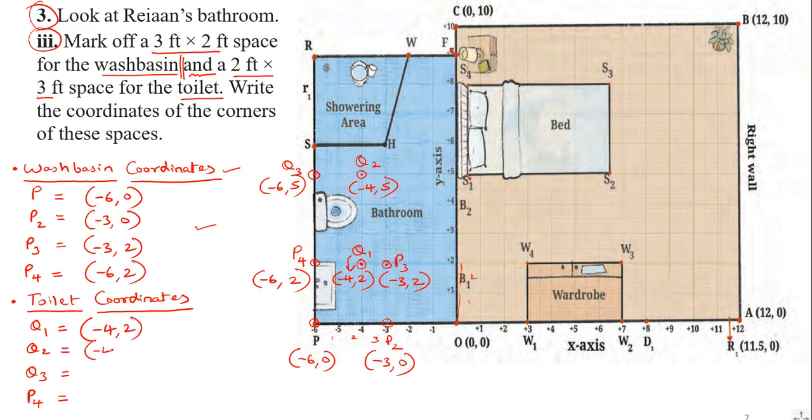Q2 is minus 4 comma 5. Q3 is minus 6 comma 5, and P4 we have already written. So Q1 is minus 4 comma 2, Q2 is minus 4 comma 5, Q3 is minus 6 comma 5, and P4 is minus 6 comma 2. So these are the coordinates for the toilet.